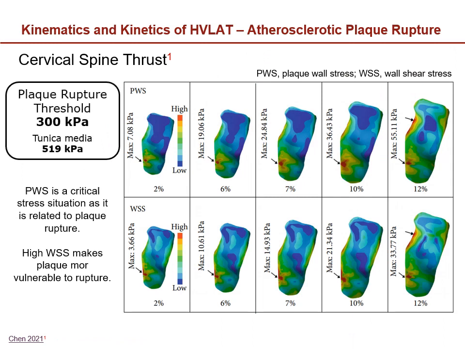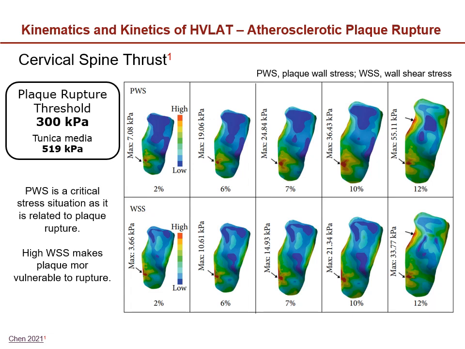So here what they've looked at is they've replicated the model of the plaque, and they've looked at the plaque stresses in two different forms. So one is the plaque wall stress directly, and then the wall shear stress on the plaque. And those are shown in the top row and the bottom row respectively.